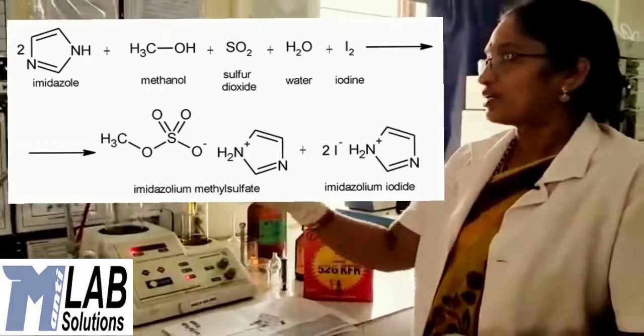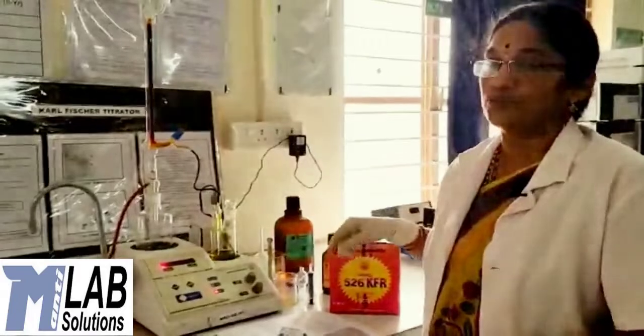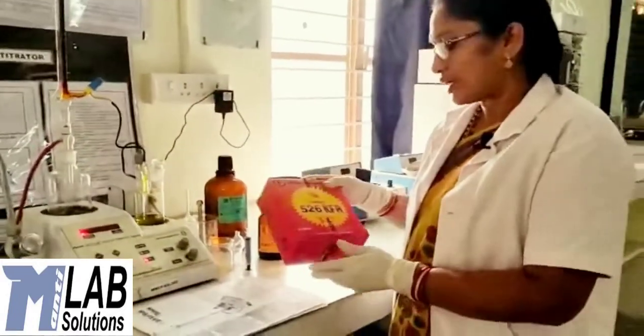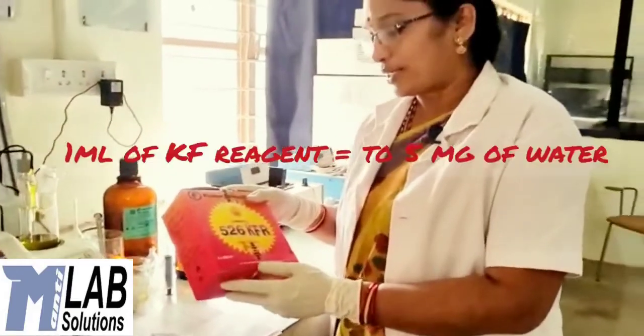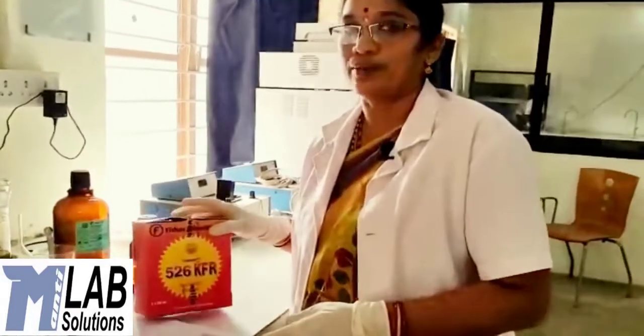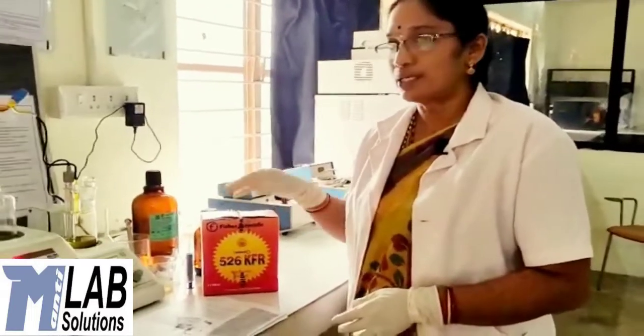Based on the amount of Karl Fischer reagent that has been consumed in the burette, we calculate the amount of moisture content that is present in the test sample. We also have an equivalence factor, like 1 ml of the Karl Fischer reagent is equivalent to approximately 5 mg of water. So, based on this, we calculate the amount of water that is present in the test sample.